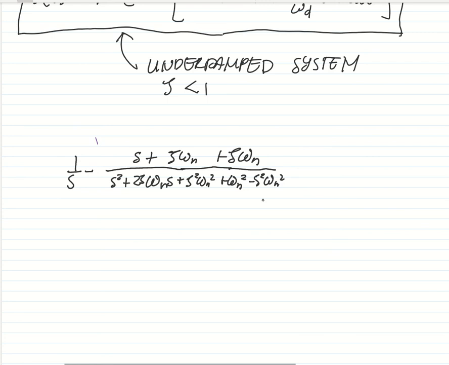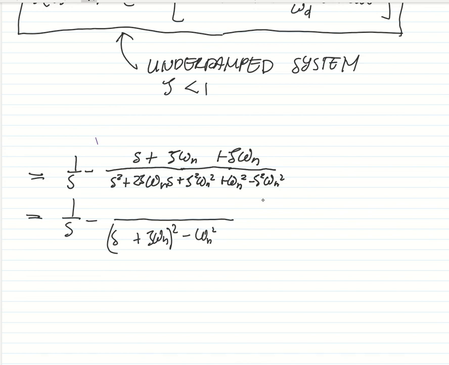So this will be 1 over s, minus, s, just factor this out, plus zeta omega n, then you square this. And here, instead of plus, just like before, we can factor out that minus omega n squared. So what will be the remaining term here?